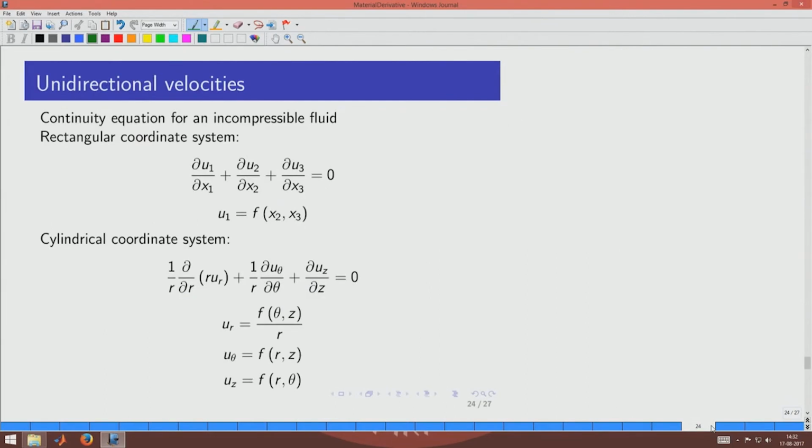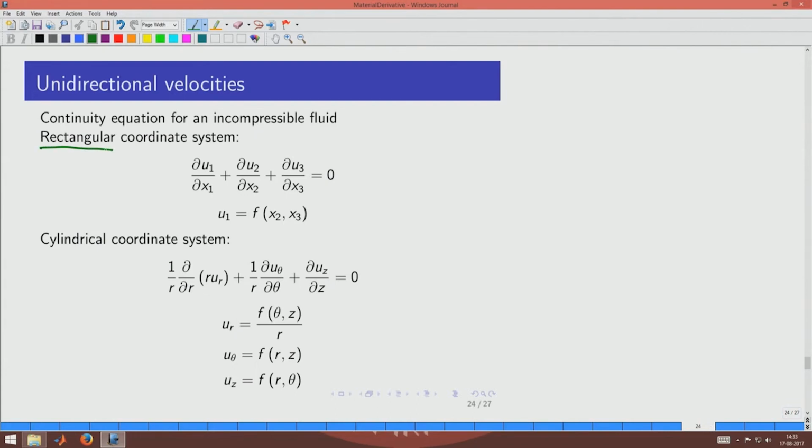It is also helpful to see what kind of unidirectional velocities are possible, because most of the time in materials processing we may assume for simplicity the velocities to be uniform and in one dimension, and if it is one dimension, then what kind of functional forms are allowed is something you can see. Let us take, for example, the rectangular coordinate system.